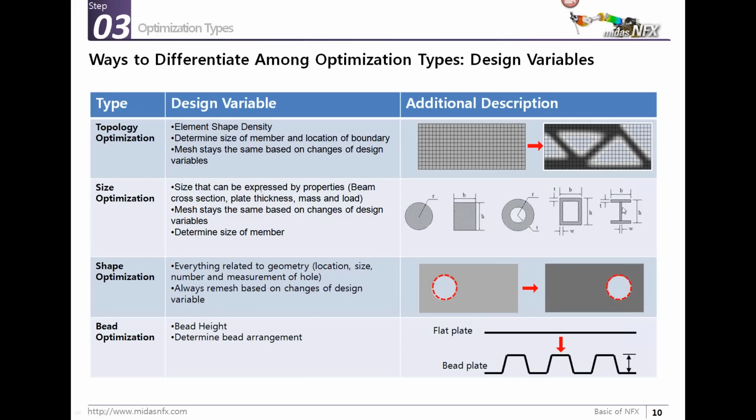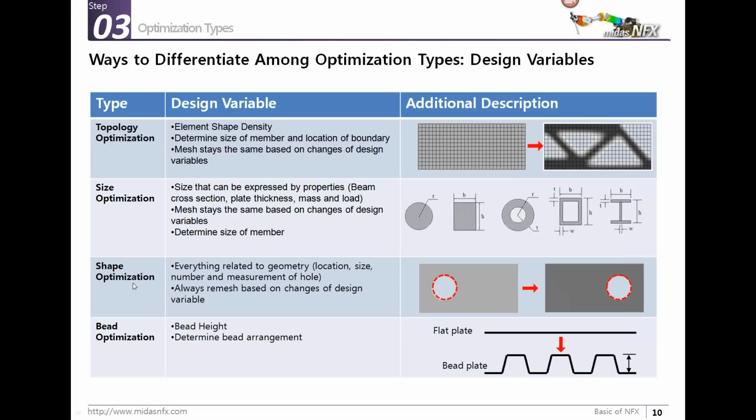So you can see here, imagine this is a beam modeled in 2D mesh. Size optimization will tell you the best thickness for this plate in this beam. Again, the mesh stays the same, and the only thing which changes is the property assigned to the mesh.